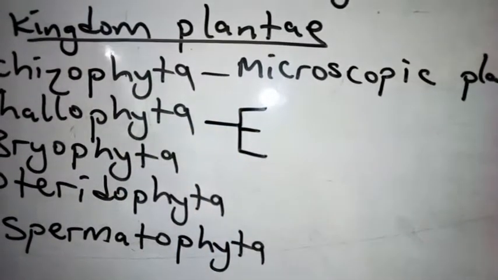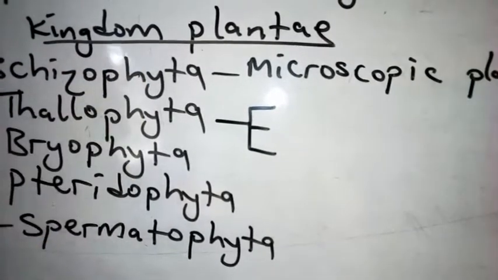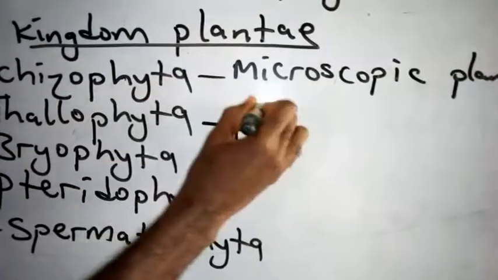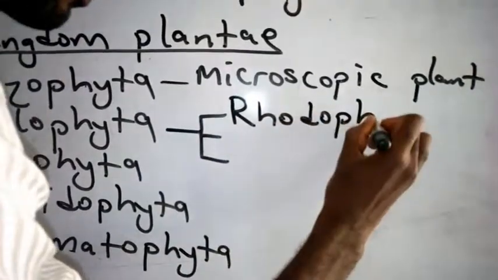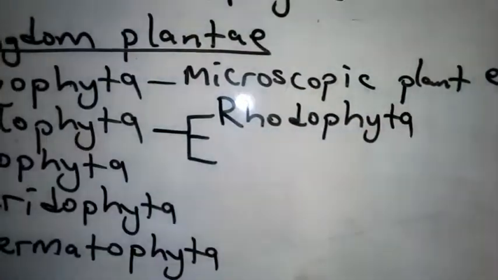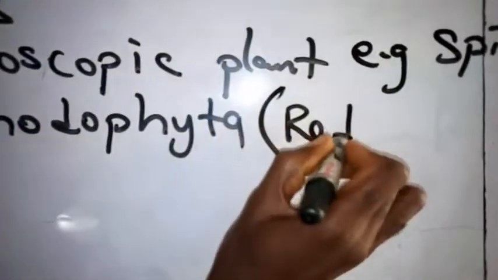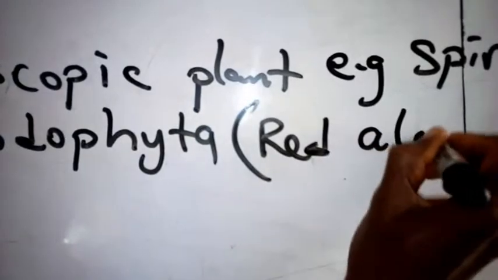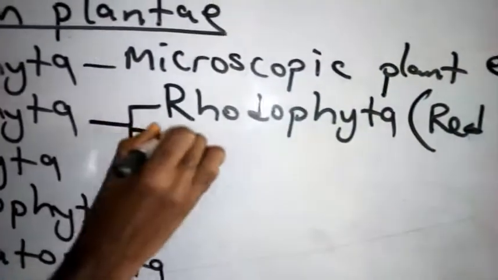The thallophyta are mostly the algae, and these algae are divided into three types. We have the rhodophyta, which are the red algae. Then we have the chlorophyta.